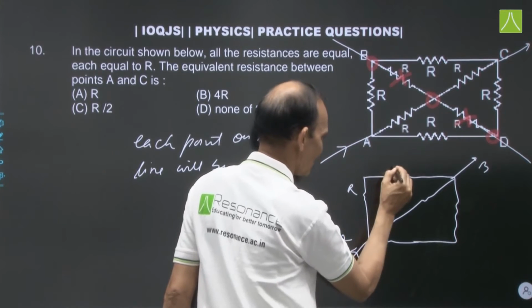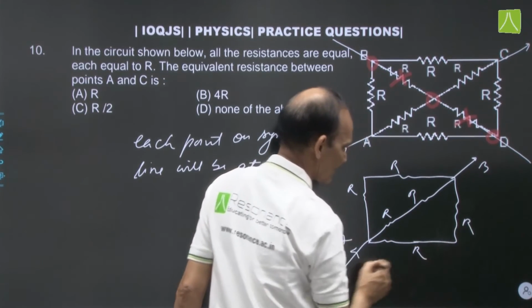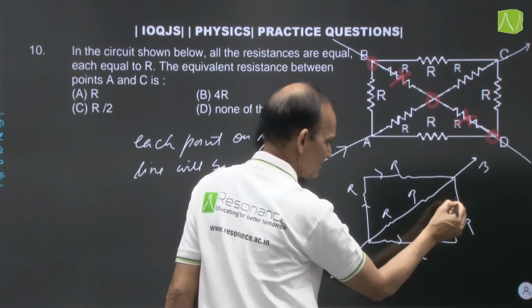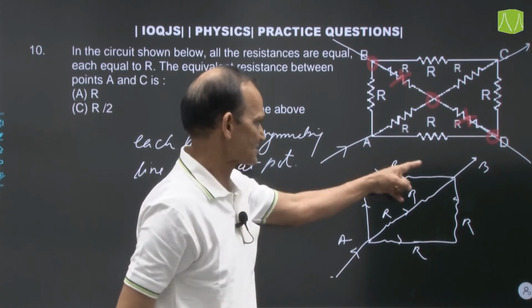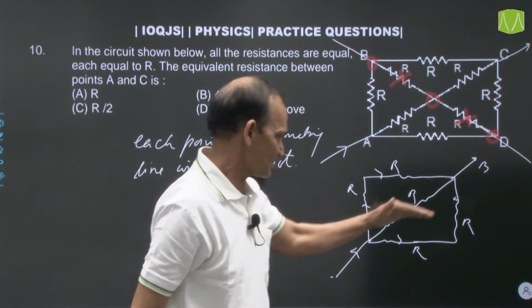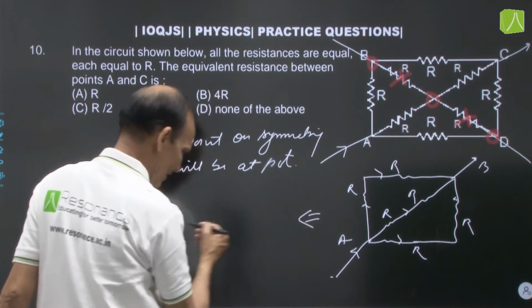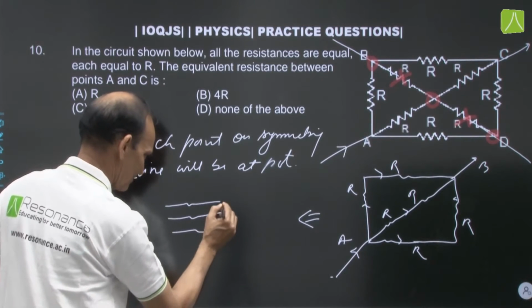Same current will flow through this line and this line. It is 2R. They are connected in series. These two resistances are also connected in series. So we can redraw it towards here. देखिए, it is 2R, 2R and 2R.